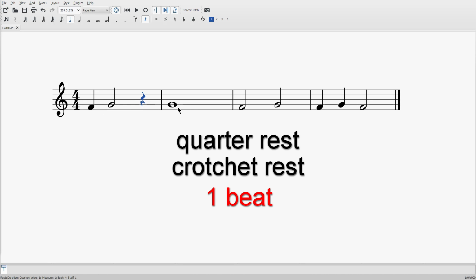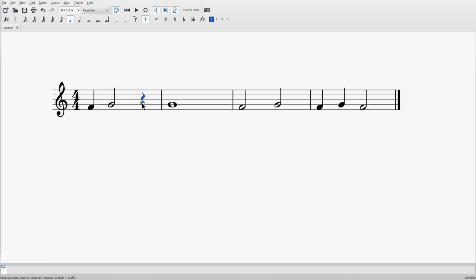So I'm going to play the first couple of bars of this exercise back again, and you'll now hear that we have a gap. 1, 2, 3. On beat 4 this note stops, and there is a whole beat's rest before we get to the start of the next note. Let's just take a listen. Okay, so you hear that on beat 4 this note finished.